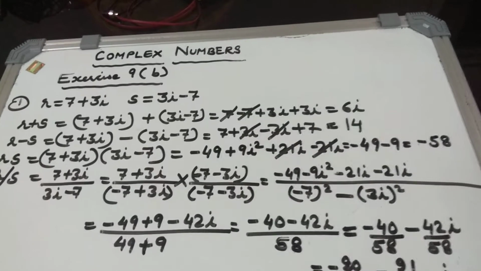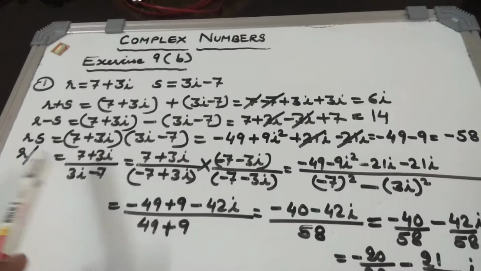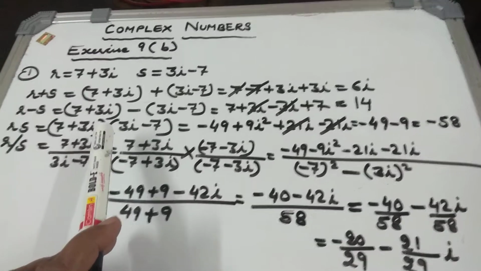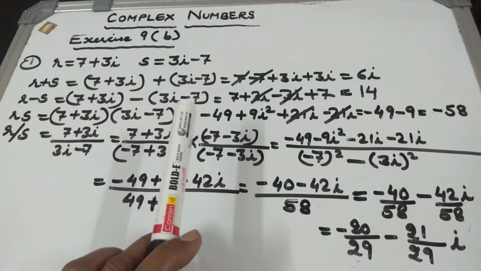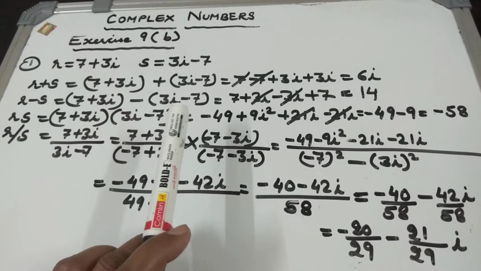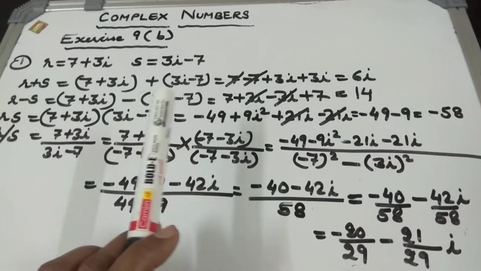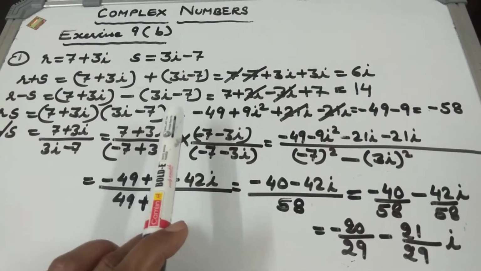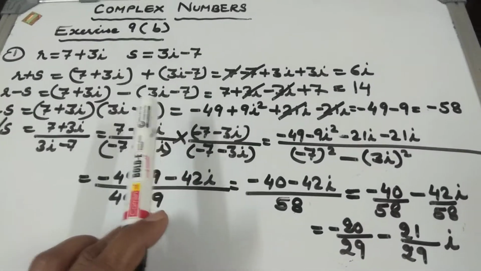Now next, r minus s, that is, you have to subtract the second number from the first: (7 plus 3i) minus (3i minus 7). Now open the bracket. Obviously the minus sign is to be applied on the terms within the bracket.